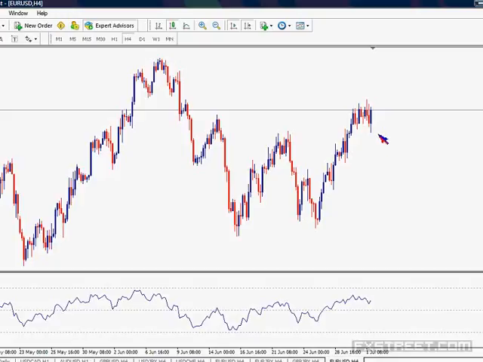But if I leave it on the opening, it will be giving me the information of this candle's opening and not taking into account what happens ever since.